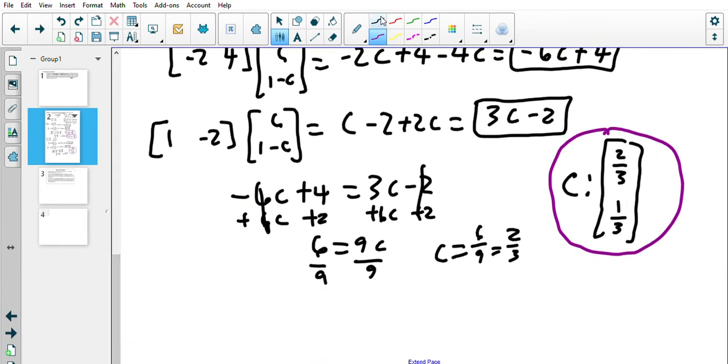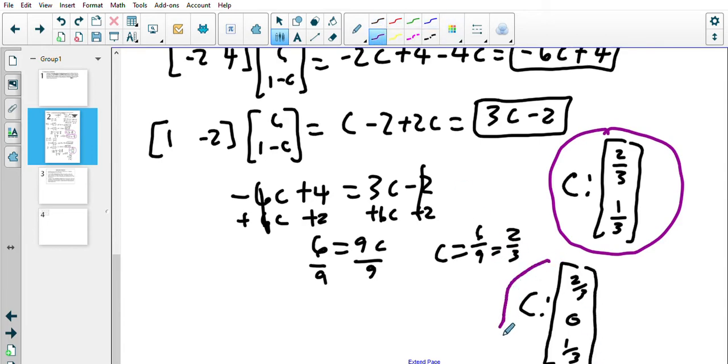So you could also consider the column strategy to be like this. 2/3, 0, 1/3. So either way is fine. It's just depending on if you're thinking about our 2 by 2 reduced matrix or our 3 by 3 original matrix, right?